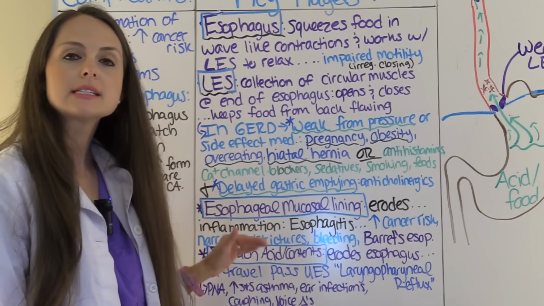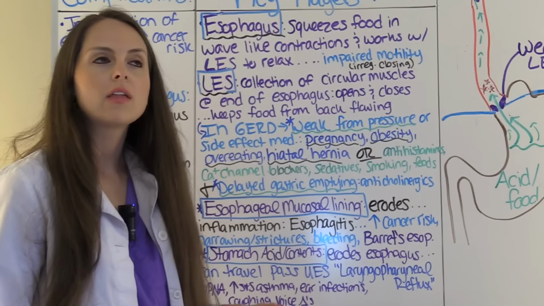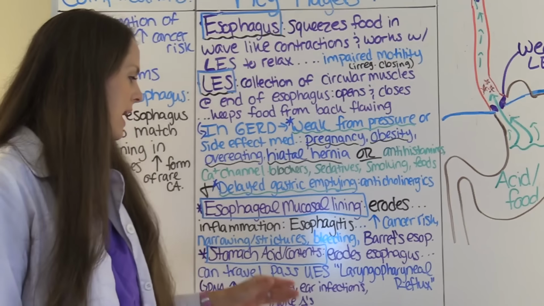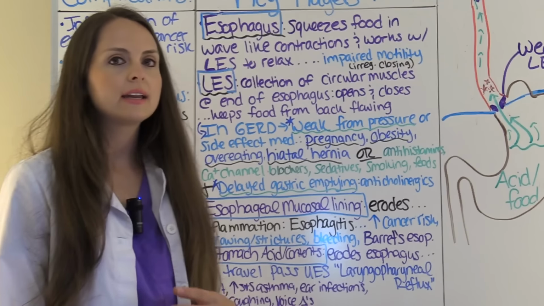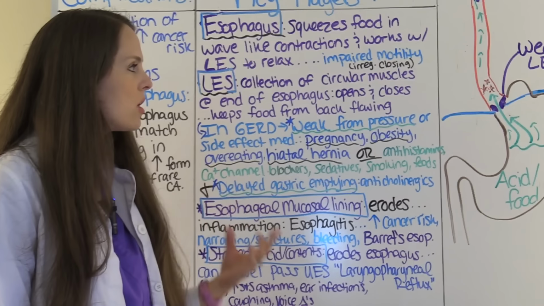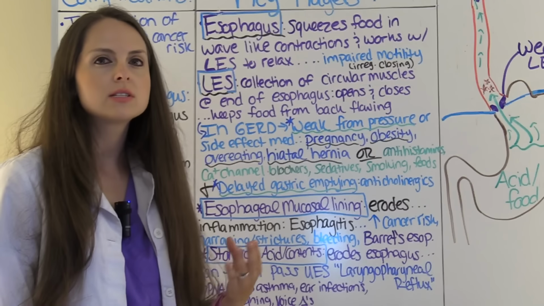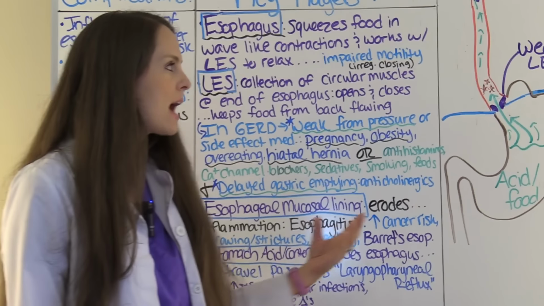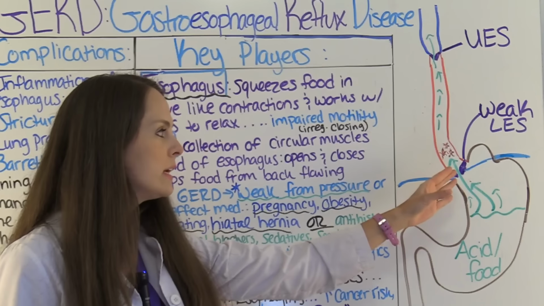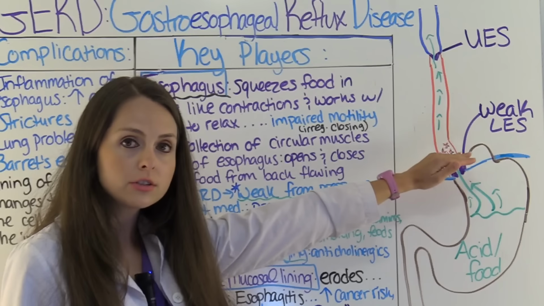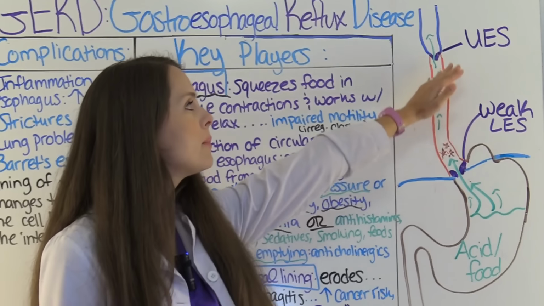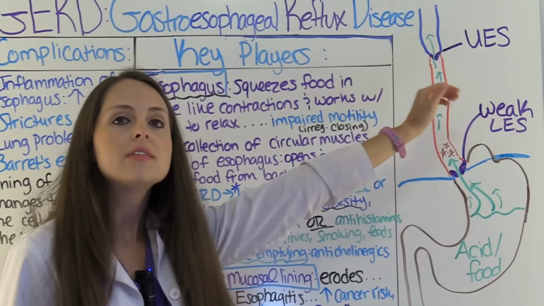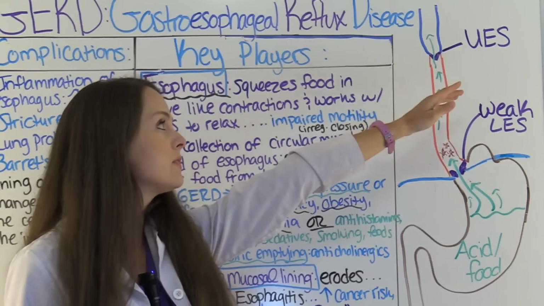Next key player is the stomach acid, like the hydrochloric acid and pepsin, and the food contents. And again, they get up there in that esophagus and they erode those cells and that lining. And what can happen is that this acid not only can go past the lower esophageal sphincter, it can go all the way up past the upper esophageal sphincter.